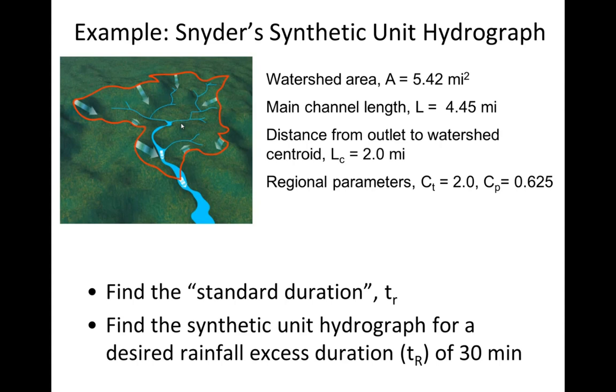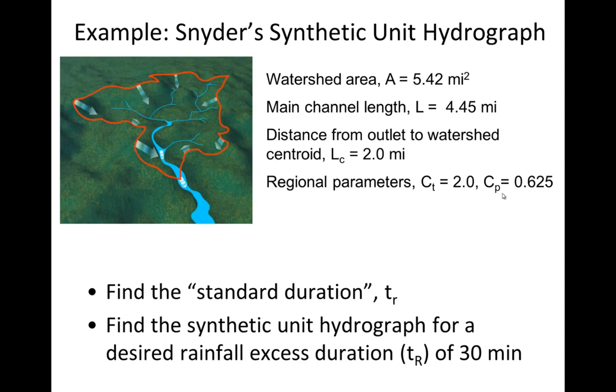A long skinny watershed would have a longer L sub C compared to a more circular shape. In this example that we're going to work, the C sub T and the C sub P are regional parameters that have been derived from an analysis of adjacent watersheds or estimated statistically as described by the book.